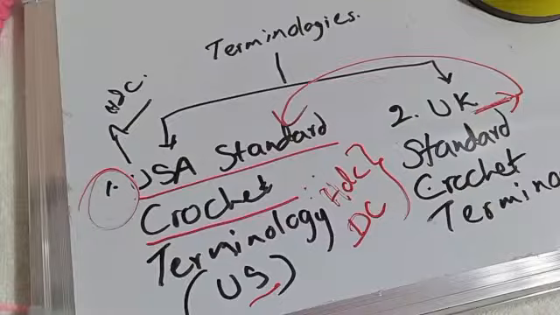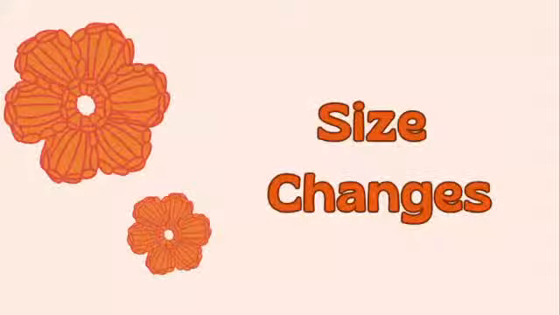Shall we move into our next topic? Are you ready? Now, sometimes when you follow a pattern, you have to face size changes. For example, think of this soft toy.